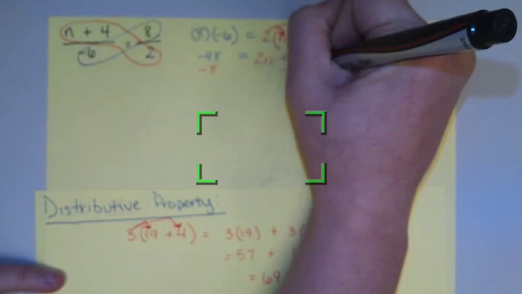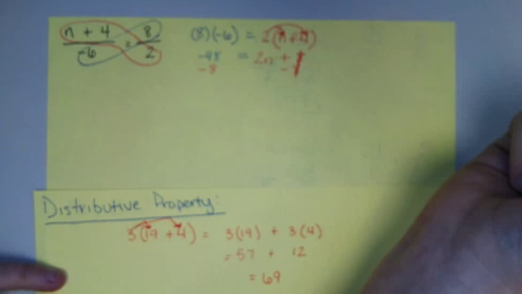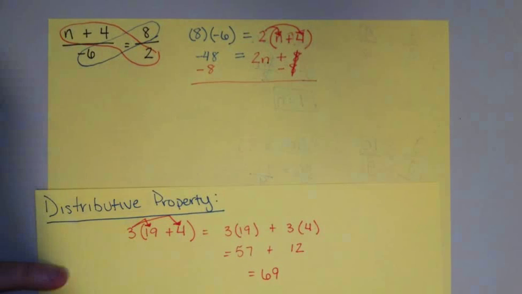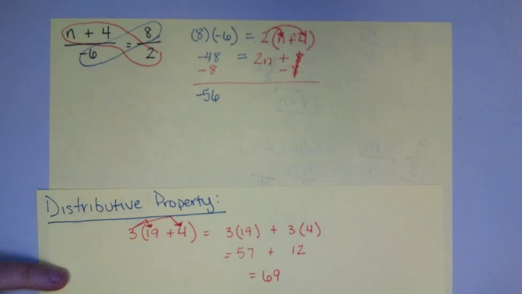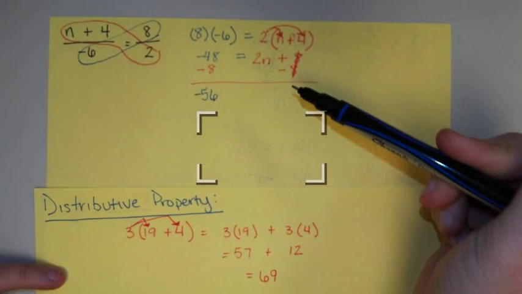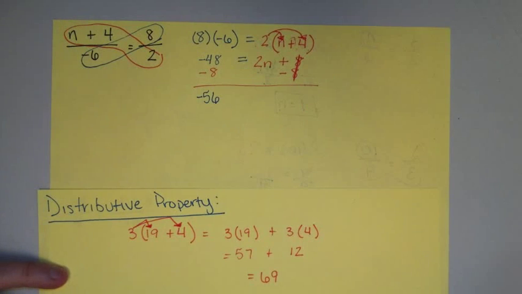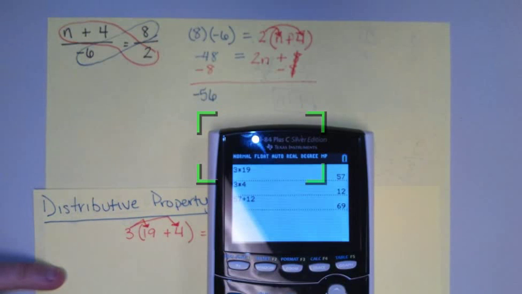This 8 is going to cancel, and we are going to get a -56. Don't forget to check this in your calculator. So I'm going to do -48 minus 8, and I do get -56.